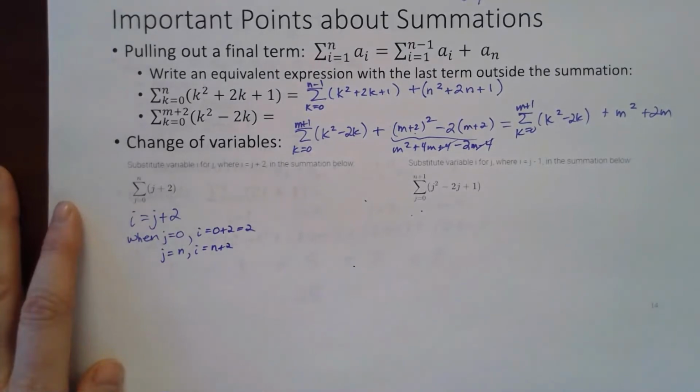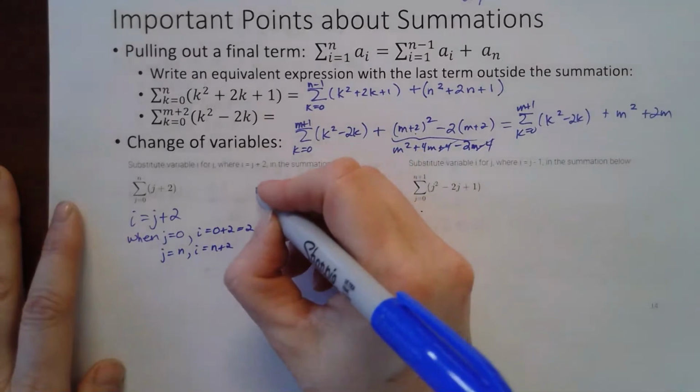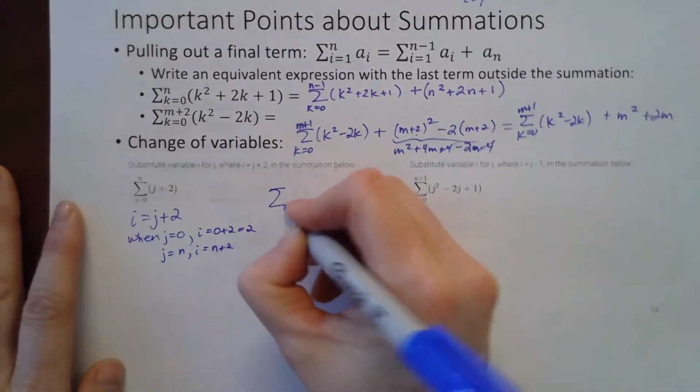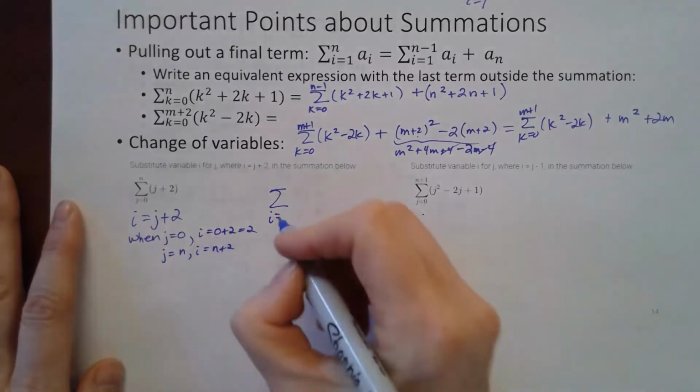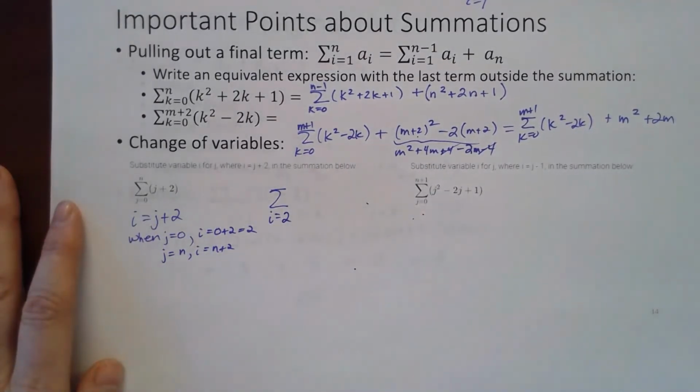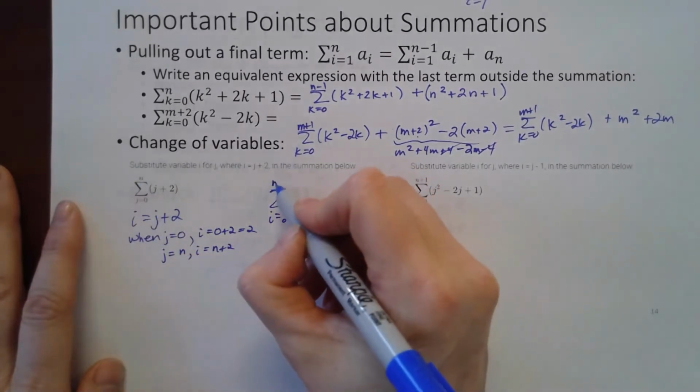So when I write this summation out, it needs to go from i equals 2, since when j is 0, i is 2, and we stop when j equals n, which is the same as when i is equal to n plus 2.